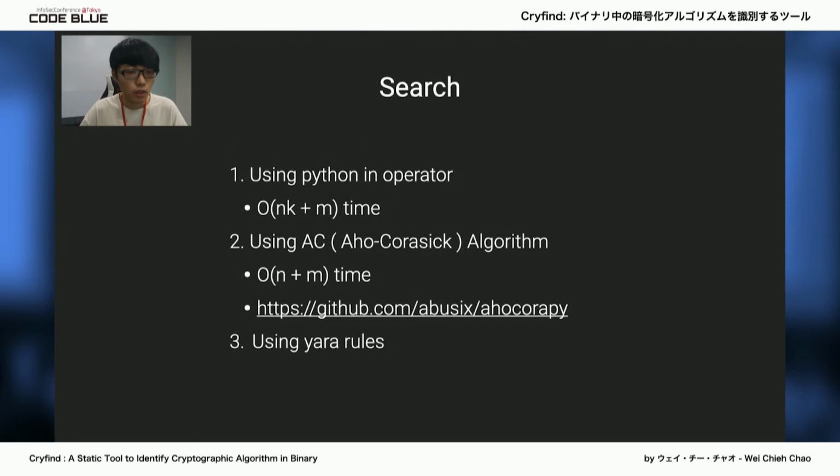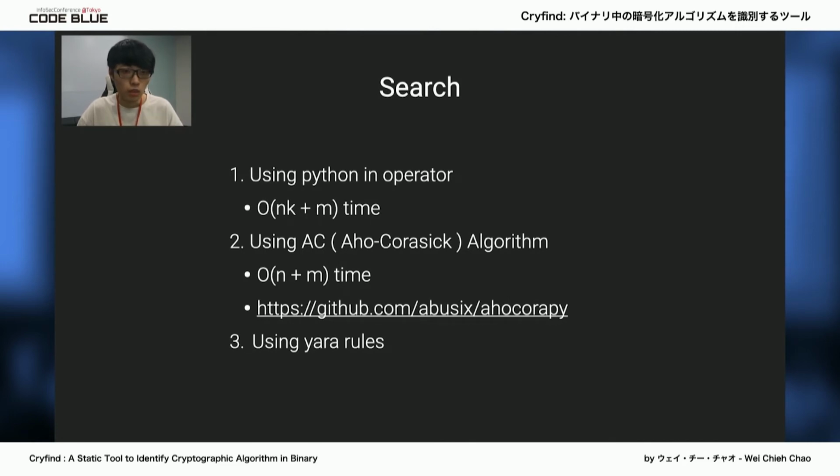Next, we compared several implementations to test which method is better for searching for constants in a binary. First we used the Python built-in operator as the baseline. Then, since we search for multiple constants in the same binary file, we considered using the Aho-Corasick algorithm, which has better time complexity than the baseline approach.